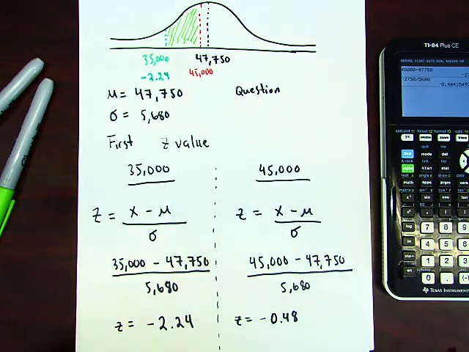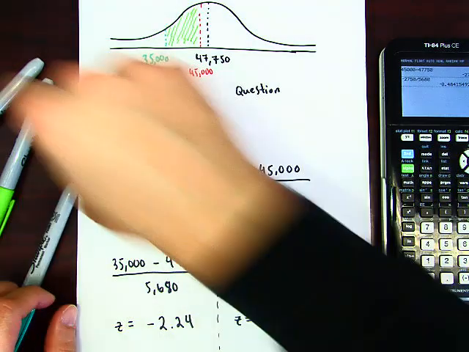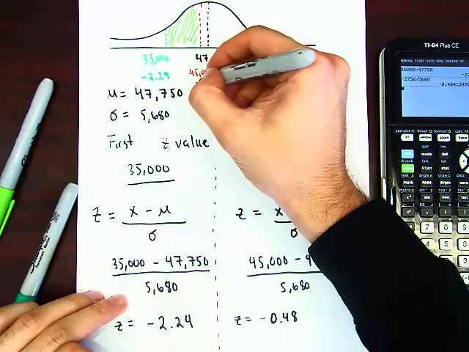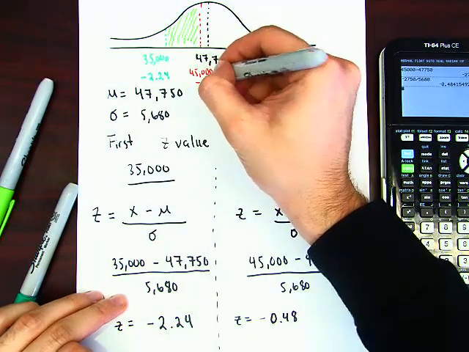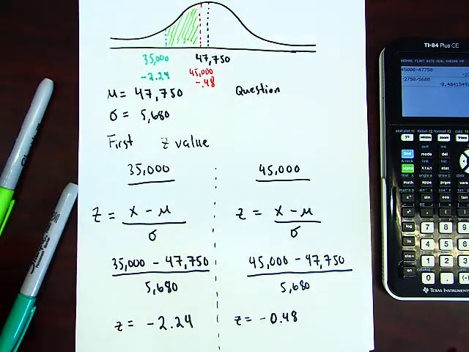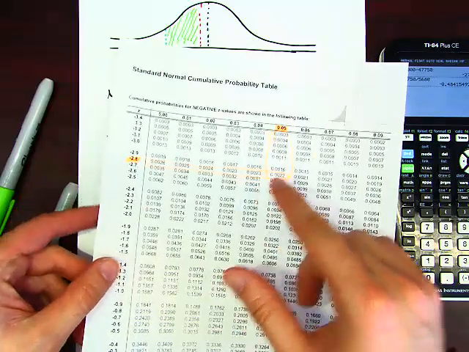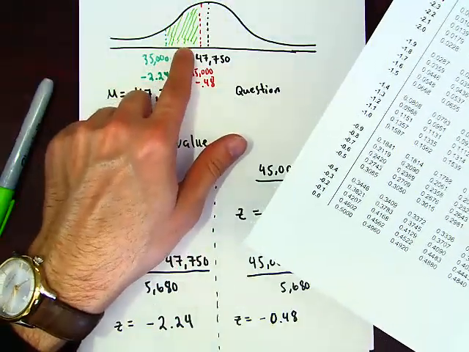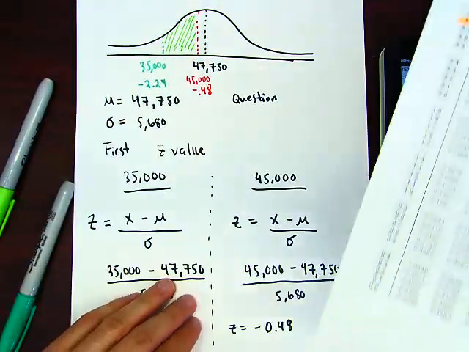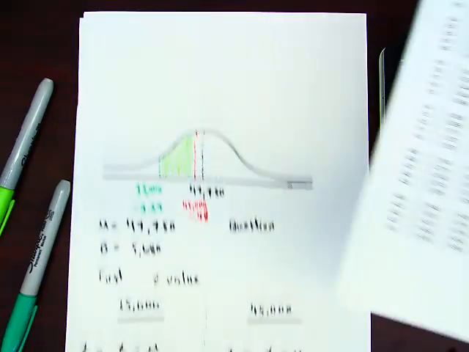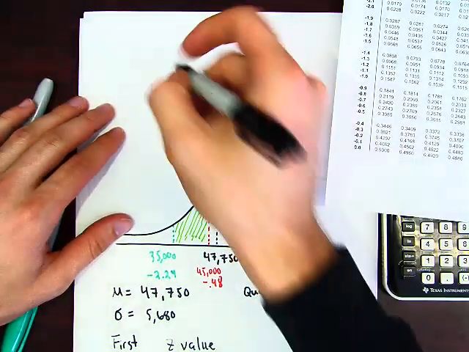And this one over here is -0.48. So this is -0.48. Okay, but how can we find, using the table over here, the area in between this? So this is where you have to be a little bit patient, so let me draw it out.